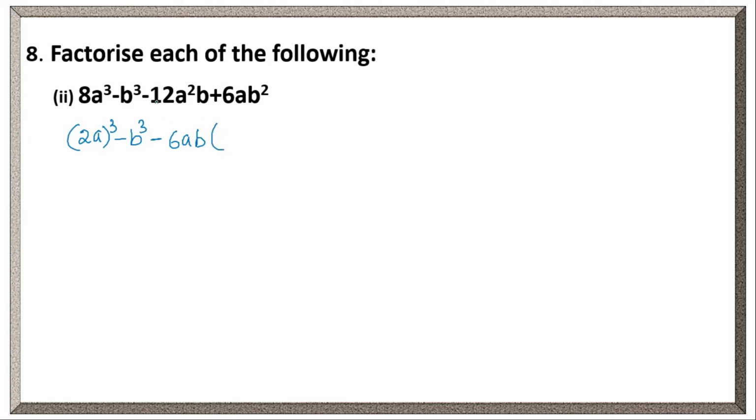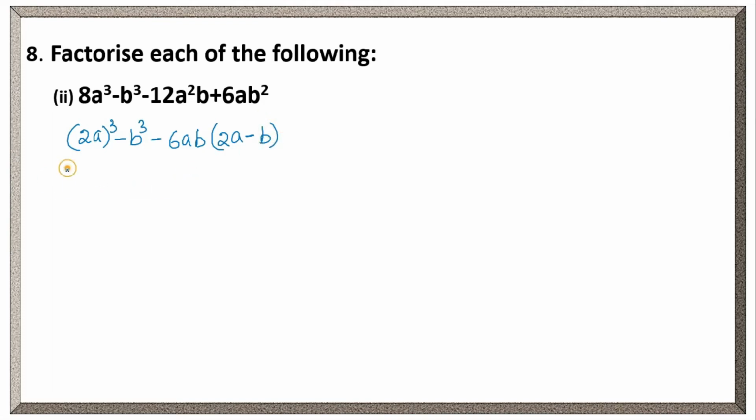Right? Now, if we take 6a minus 6ab as common, what will remain in this term? 2a will remain. Minus, already I have taken common. Minus into minus plus. So 6ab, 1b also we have taken common. So b remains.